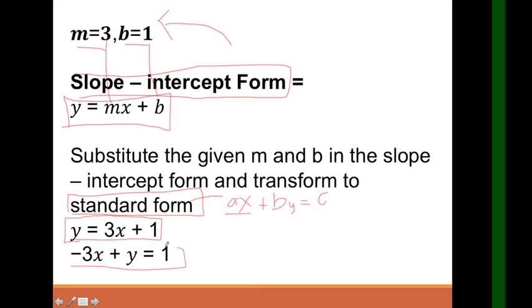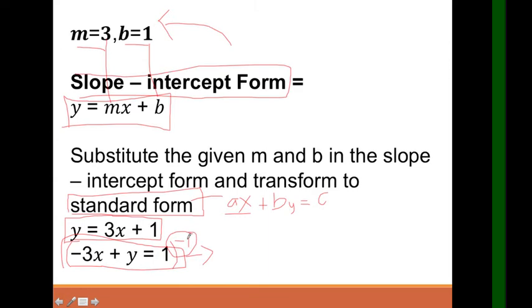So this is the standard or the general form, but that is not yet the end because our x, okay, is negative. It should be positive. Kailangan positive yan. So to make it positive, okay, multiply all the numbers by negative 1. So lahat sila, i-multiply natin ng negative 1.